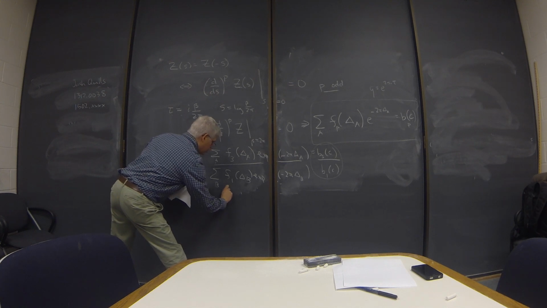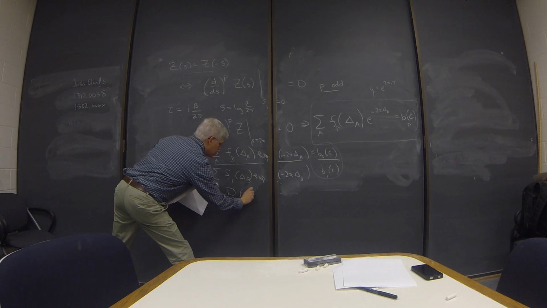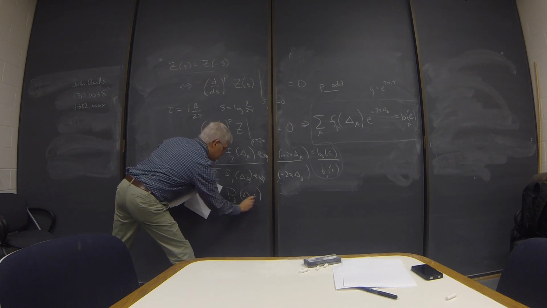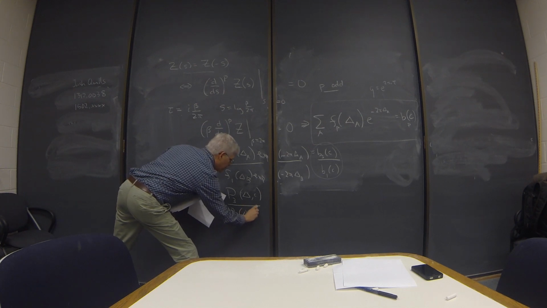Let me just call it a cubic polynomial of the deltas. Also involves C, and a linear polynomial down here.